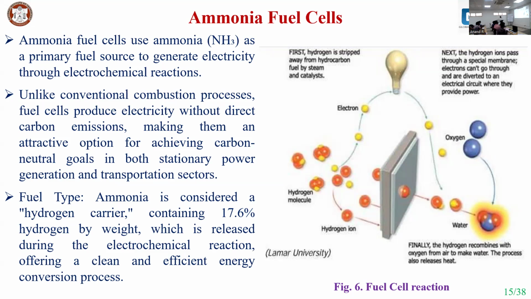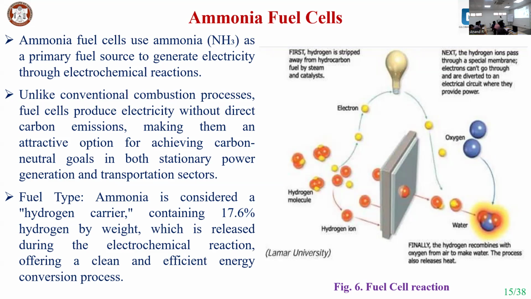Hydrogen alone contacts the anode zone, producing H plus and electrons. So before the fuel cell assembly, you need a chamber where the reforming of ammonia happens. To do this endothermic process of breaking ammonia into hydrogen, you need to supply energy. The energy may be from solar, wind, or any kind of renewable energy source.